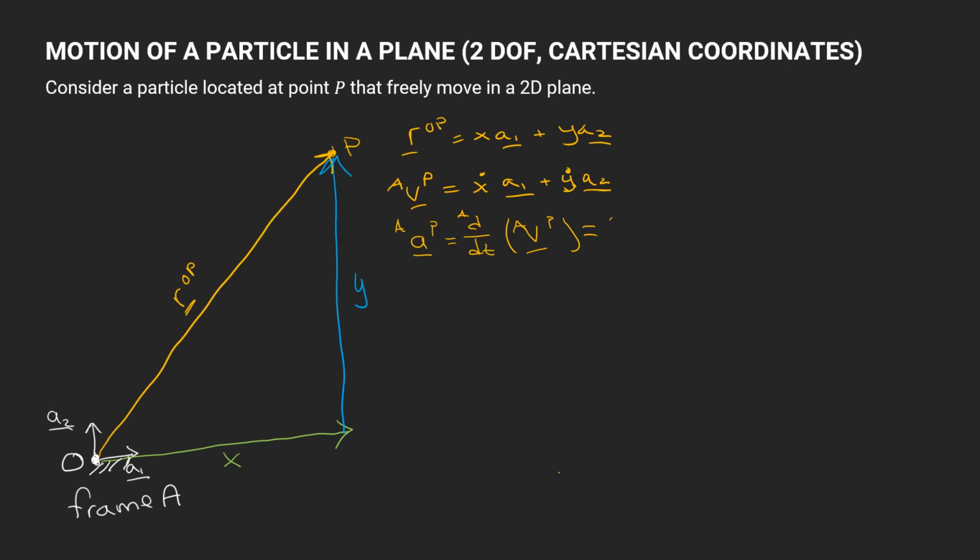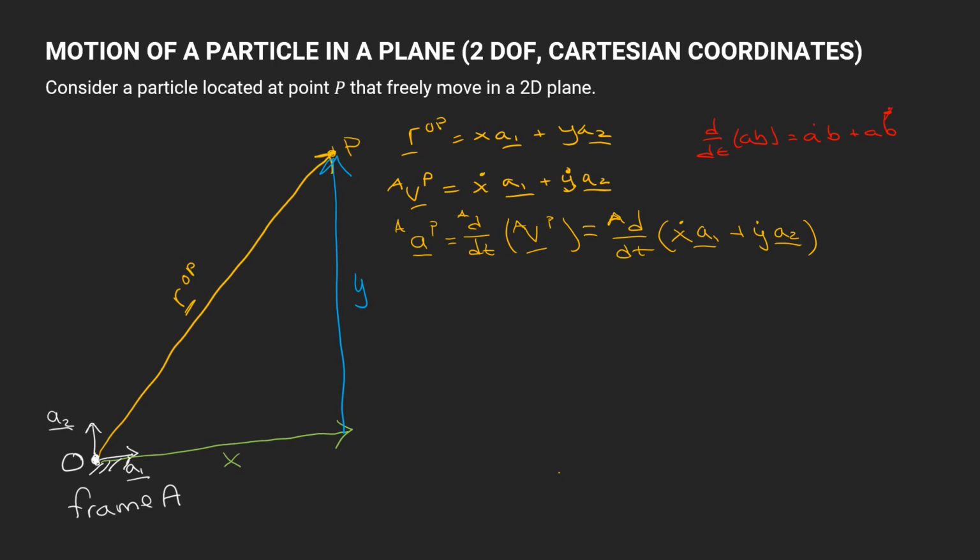And now we can go ahead and write out the velocity vector as x dot a1 plus y dot a2. And we're going to use the same product rule that we did before. And so just to write that again, we have the time derivative of a times b is equal to the derivative of a times b plus a times the time derivative of b.